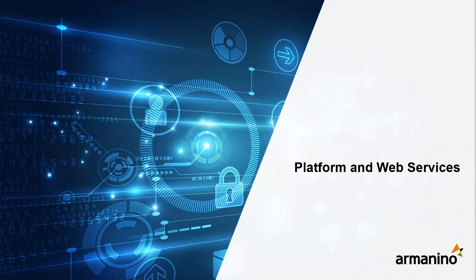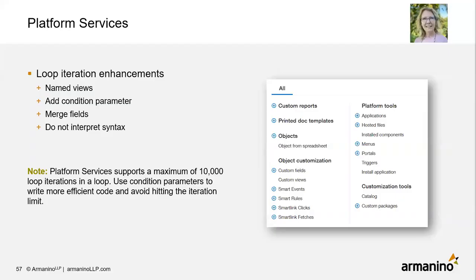Platform and web services. So platform services, I know this doesn't mean a lot to most of you, but if you have integrations, make sure whoever's doing your integration, your IT people, are also regularly checking the developer site for new release features that are affecting integrations. So these are loop iteration enhancements, which will make your IT integration people smile.